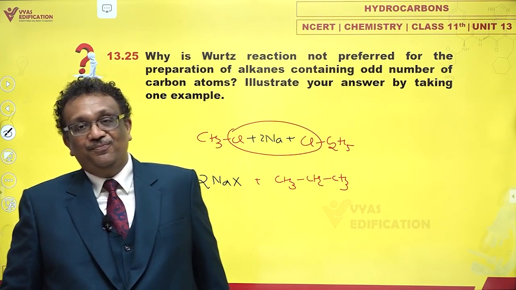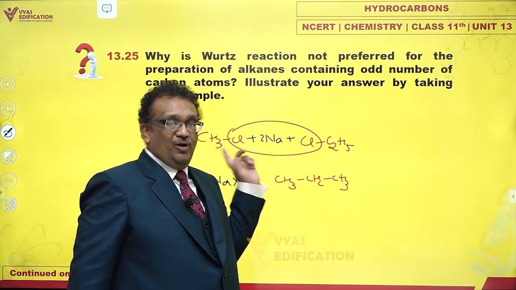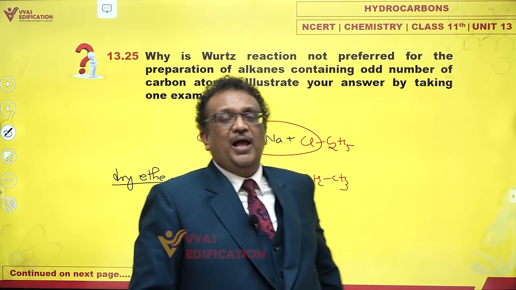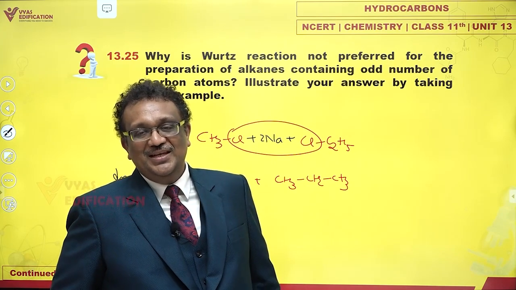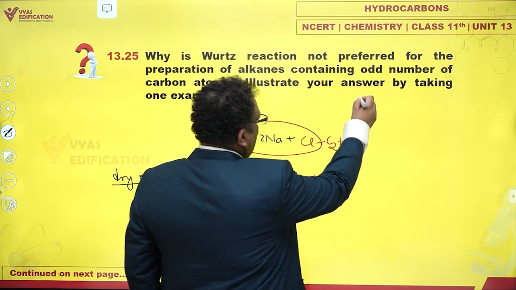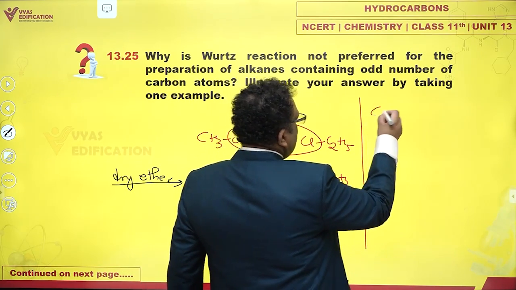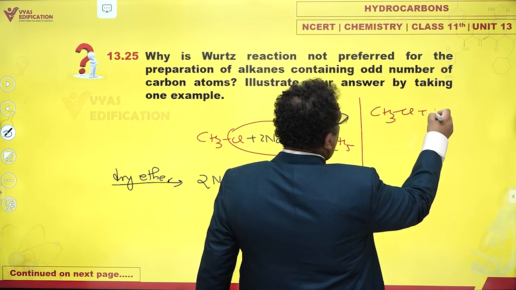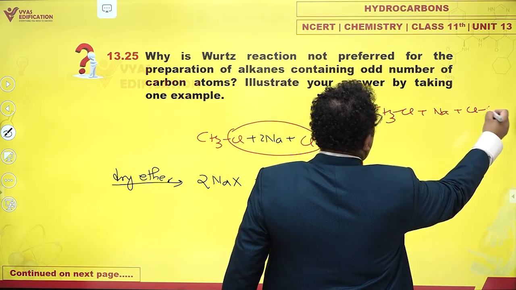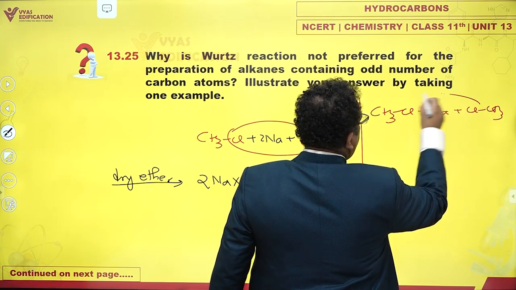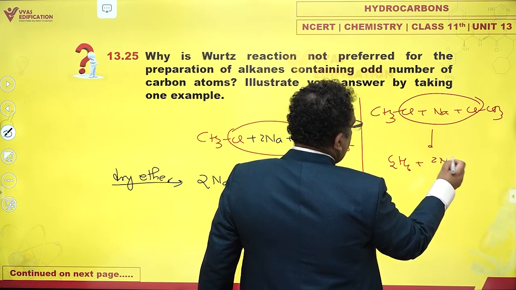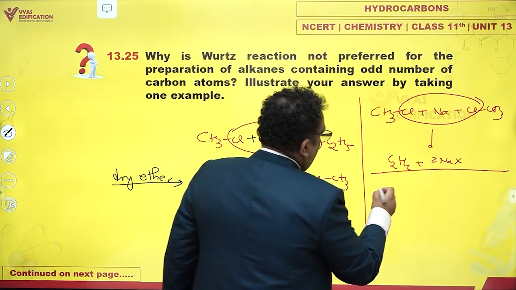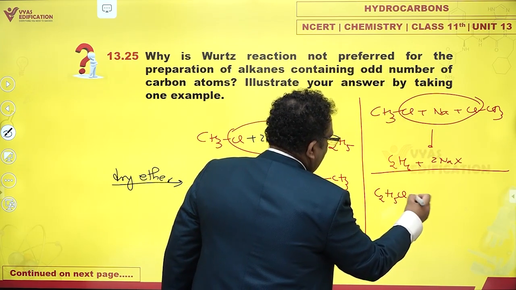But then there is a problem. You just don't have one molecule of ethyl chloride and methyl chloride. You have actually millions into millions into millions of molecules. So what happens is actually this. What you can't stop is there would be equal probability of this reaction happening, and there will be C2H5Cl reacting with itself.